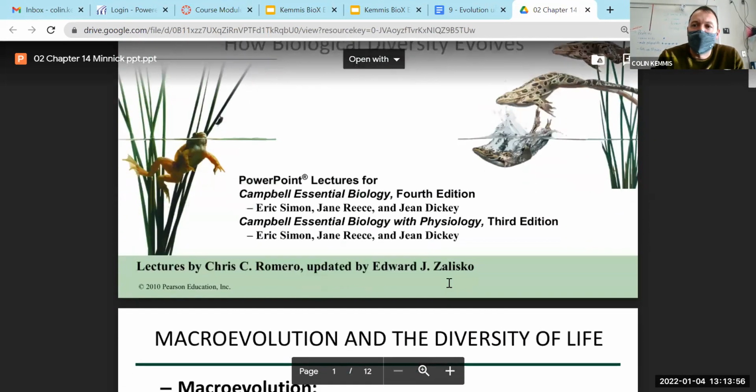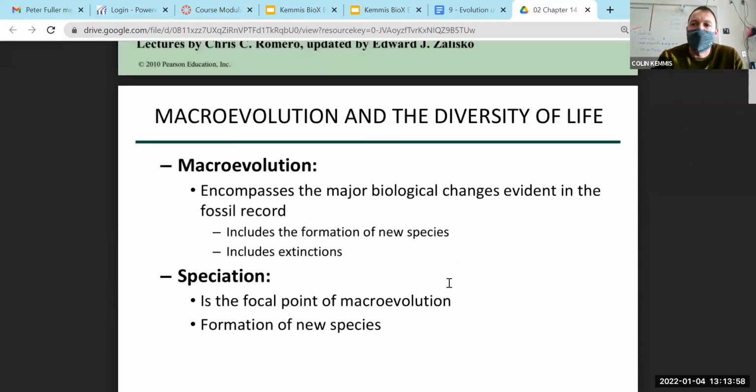So there are different ways that we can look at evolution, macro and microevolution. Macro is like these larger speciation events. Microevolution is kind of looking at differences in the DNA, like small changes in an allele or in the gene. So today we really want to talk about those big changes when we get new species, where there's been a lot of changes in the DNA, a lot of changes in the allele.